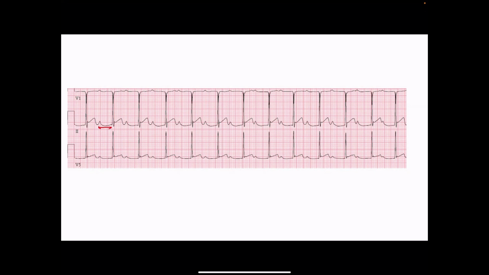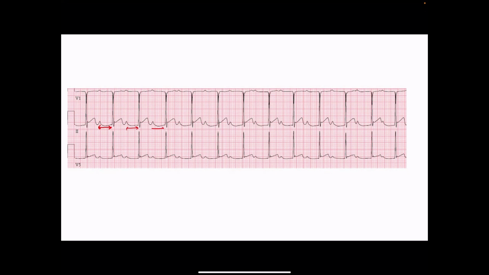Which means that you can hear me, right? Yes. Okay. So the space between the P wave and the QRS is really, really long. So we know that the problem is that there's a delay in the AV node. There's AV nodal dysfunction, okay?